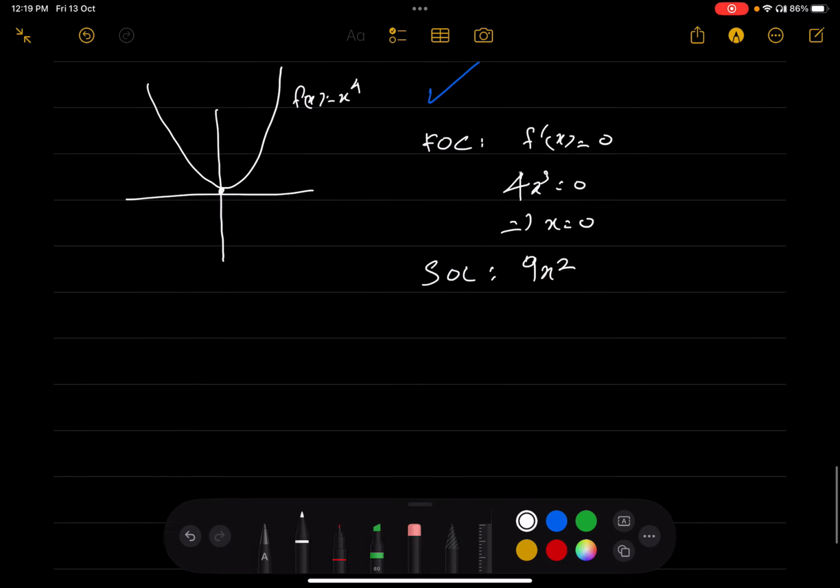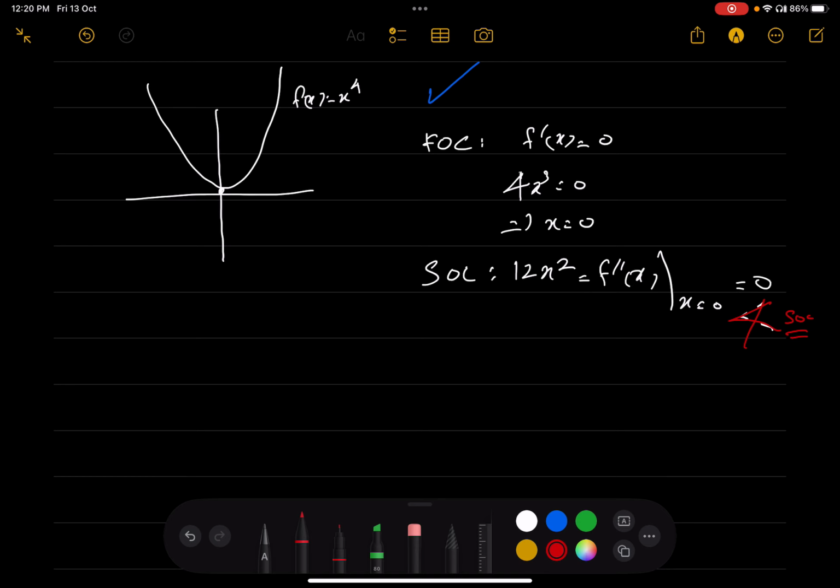It is actually 12 x square, the second derivative of x to the 4, and when we put that at x is equal to 0, it becomes 0, which does not satisfy the second order condition, but there's a minimum. So we are missing this minimum when we're doing this check.